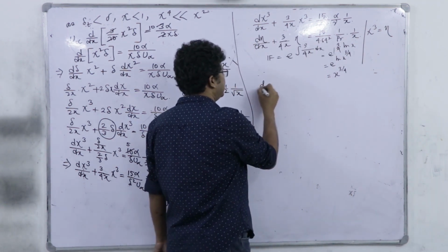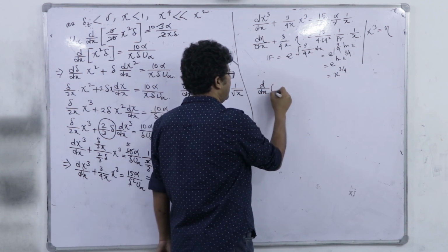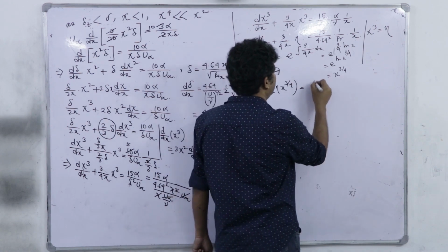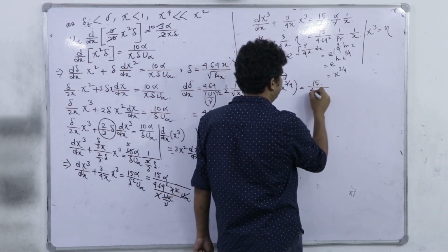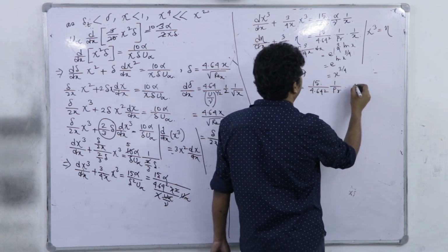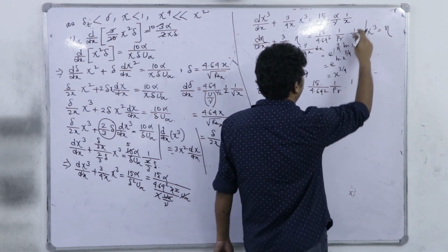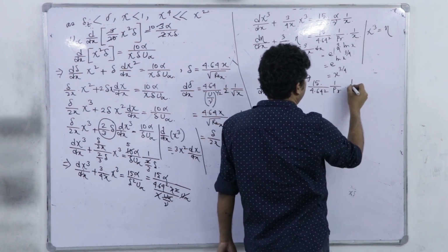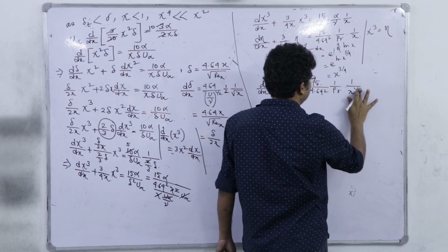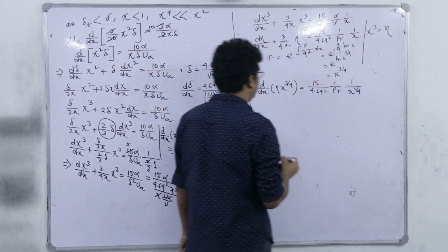So, d/dx of eta into x to the power 3 by 4 is equal to 15 divided by 4.64 square into 1 by Prandtl number into x to the power 3 by 4 here. So, x to the power half, this 1 by 4 here, x to the power 1 by 4 here.